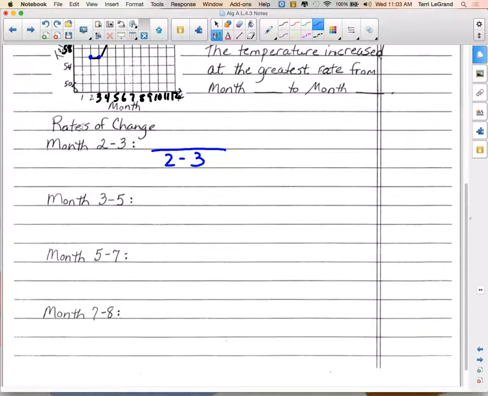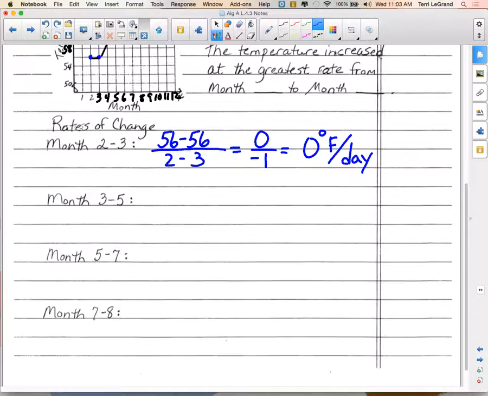So what was the temperature in month 2? 56. What was it in month 3? 56. So we got 56 take away 56 upstairs. Temperature change upstairs. Month change downstairs. I end up with 0 over -1. How about you? Okay, what is that? 0. Okay, label. 0 degrees Fahrenheit per day.